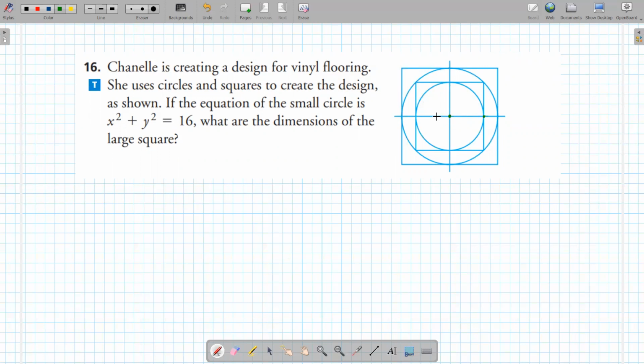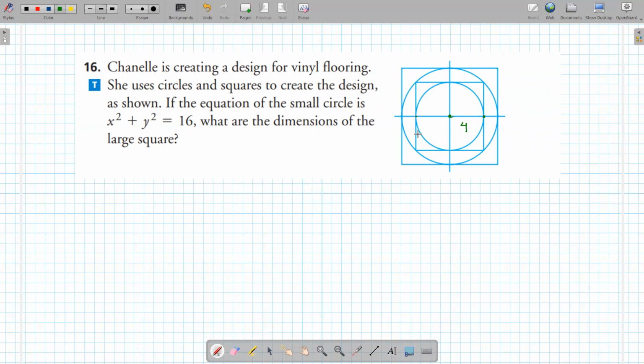Remember, the equation is x squared plus y squared equals 16. So it's 16, the radius is going to be 4. From here to here, it's 4 units.